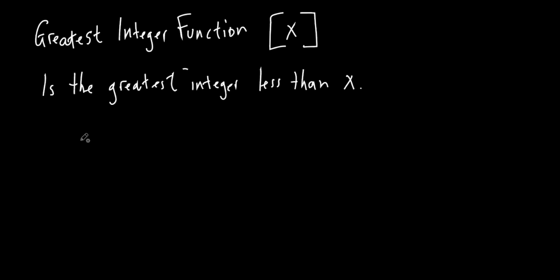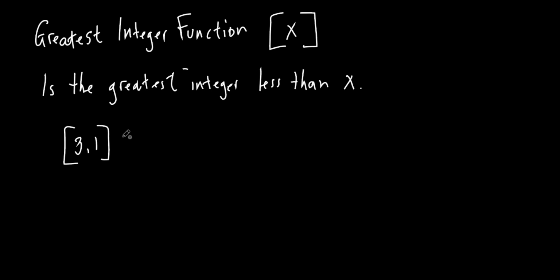So for instance, what if I said 3.1 and I put it in that little bracket? That means what is the greatest integer of 3.1? It's the greatest integer that is less than this. What's the largest number that is less than 3.1? It's 3.